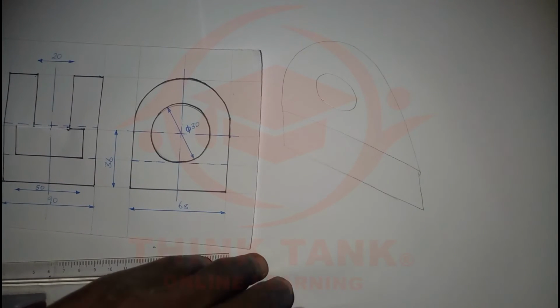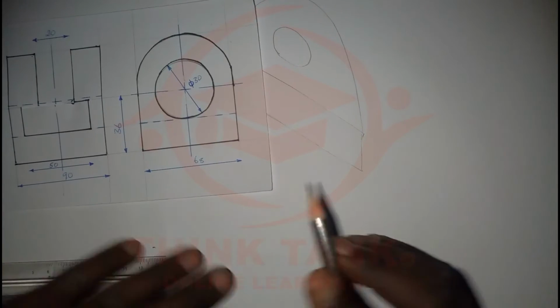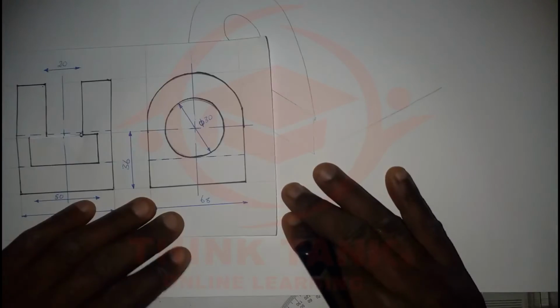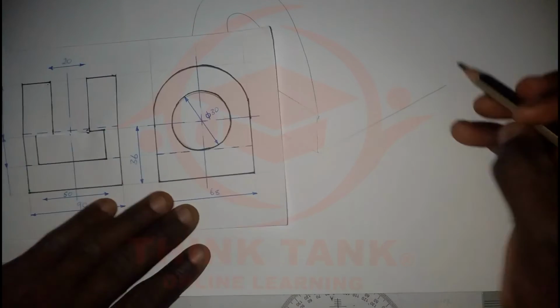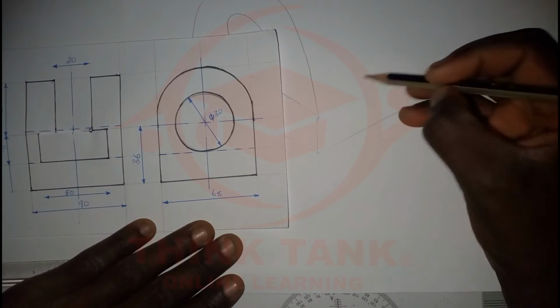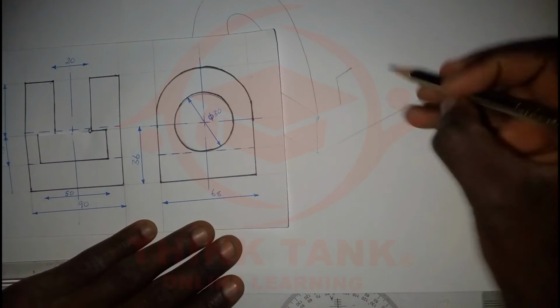I know it's not perfect, but I'm just going to get a clue. Let's come right here. We have something like this. Then let's come to this point, and we're going to have something like this. That is the front view.